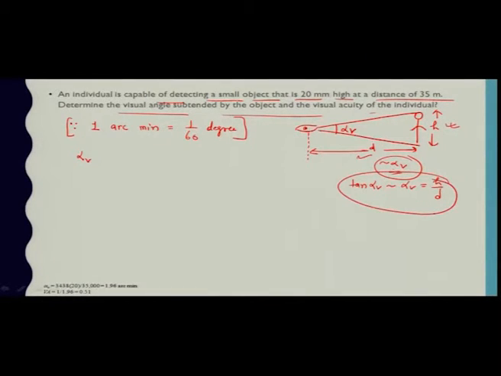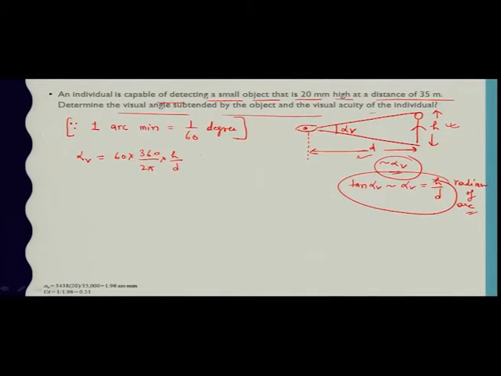If it is expressed in radians of arc and you have to convert it into arc minutes, we multiply by 60 into 360 by 2 pi into h by d.